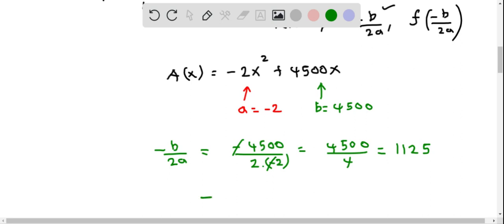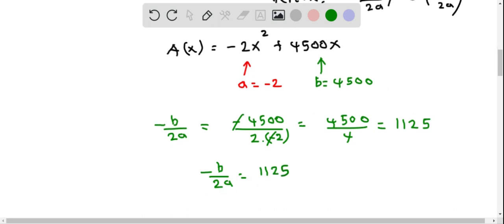So we determine that negative b over 2a equals 1125. According to the area function, the area is maximum at x equal to 1125 meters.